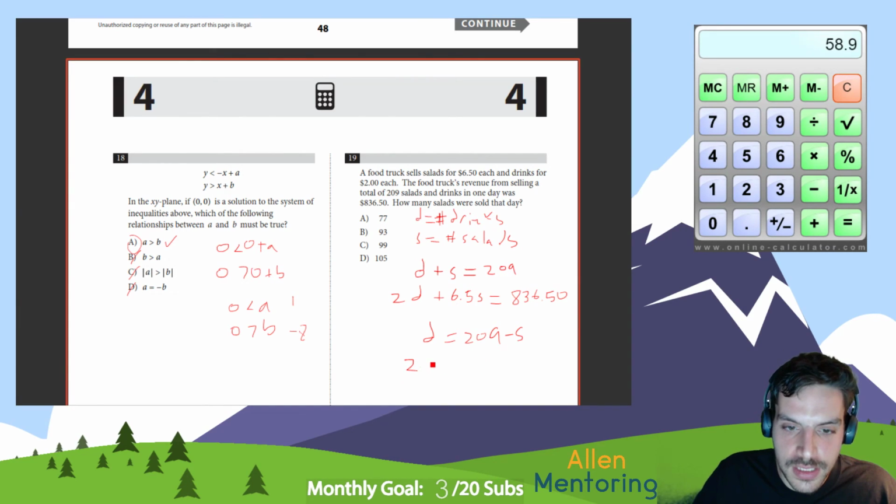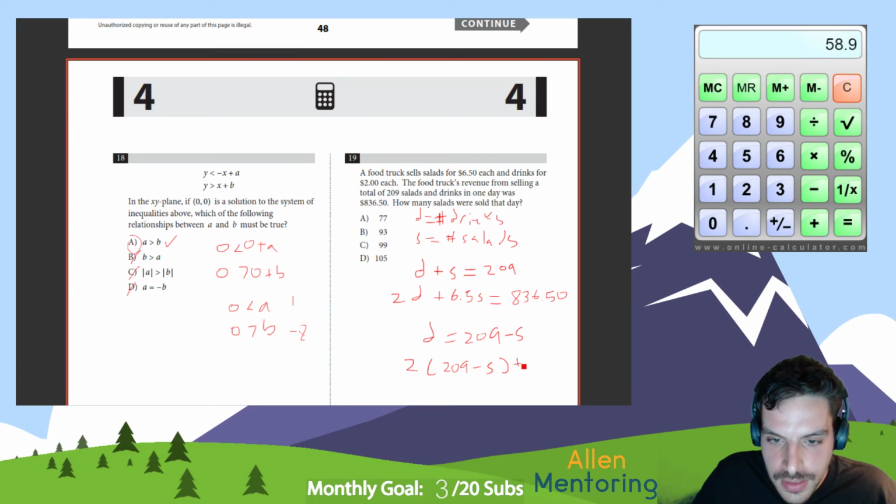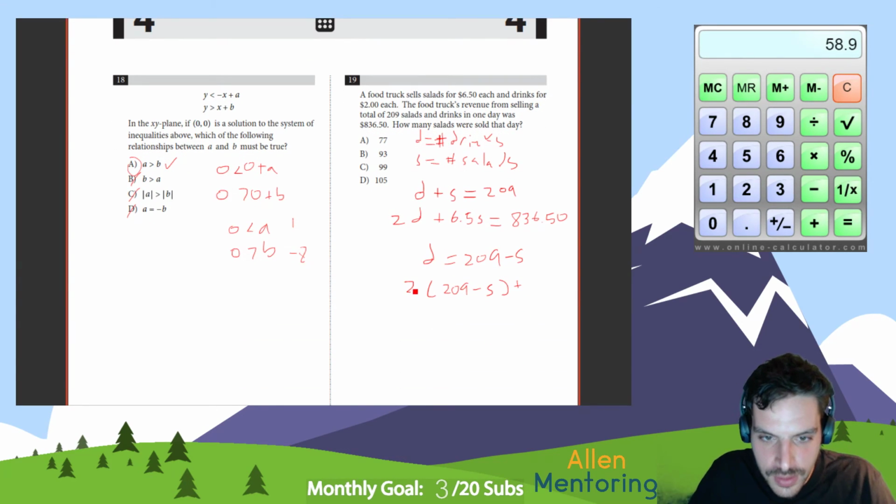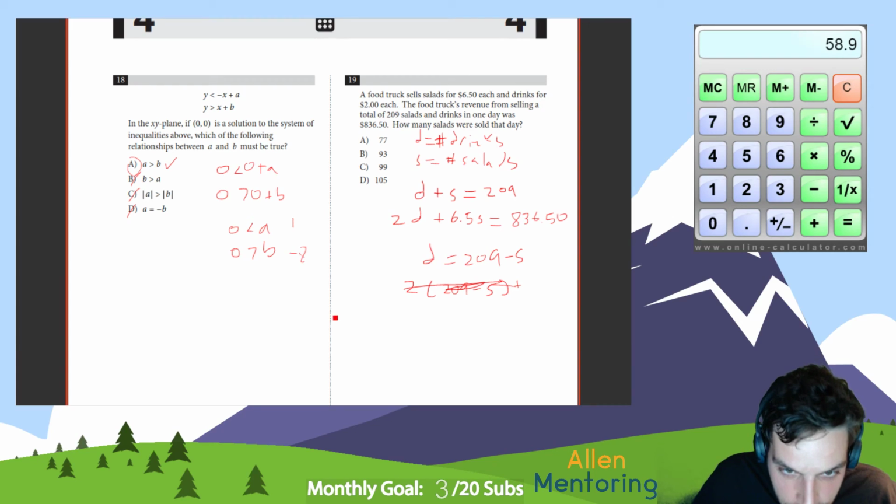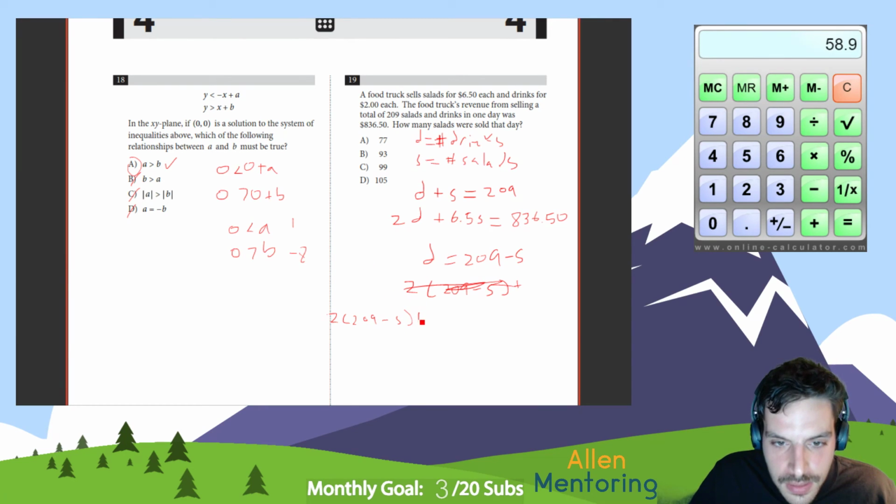That's what it means by substitution. So I'm going to replace this and do 209 minus s plus, oh man, I'm not going to have enough room. Wait, sorry, let me rewrite it here. So 2 times (209 minus s) plus 6.5s is equal to 836.5.